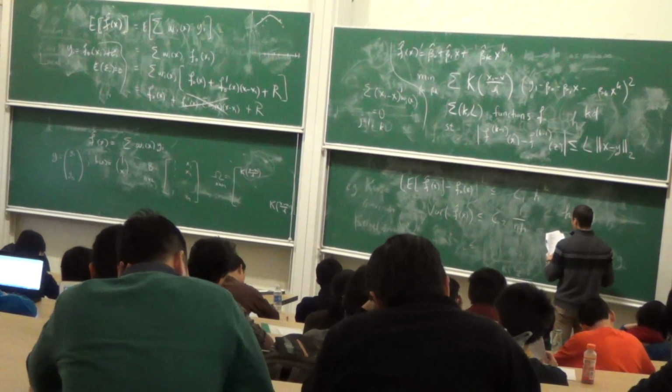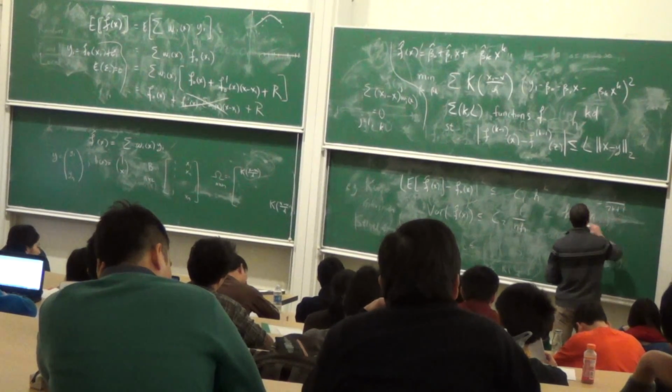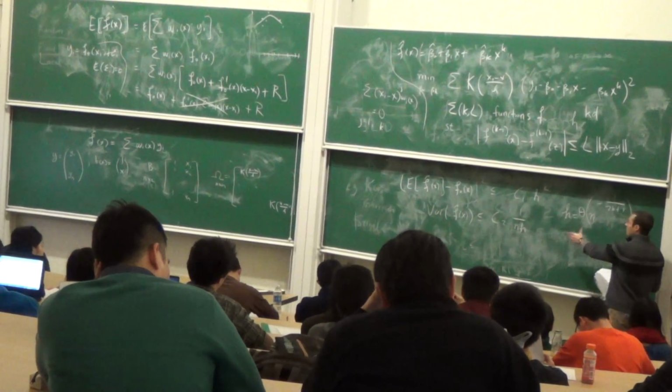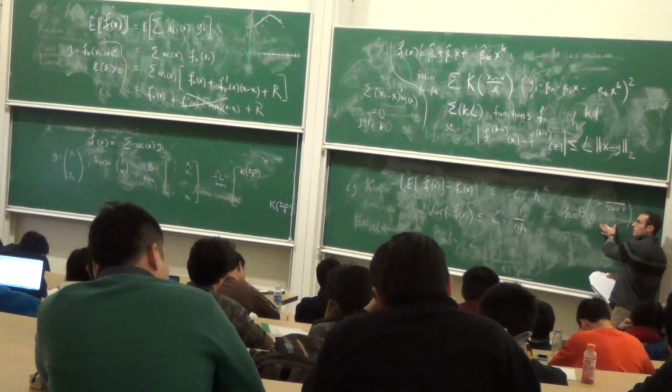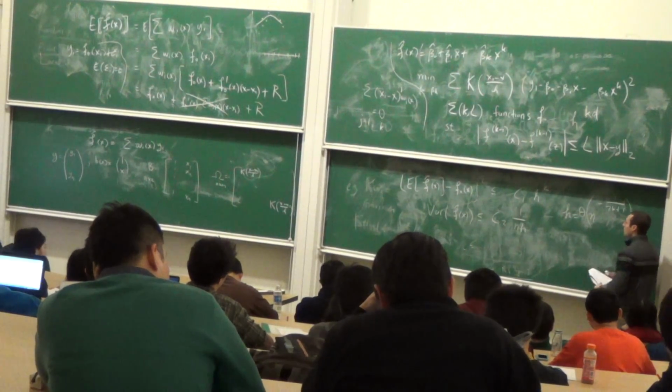It ends up looking like n to the minus 1 over 2k plus 1. I use the theta notation, by the way, to say that h is on the order of this, both upper bounded and lower bounded by this rate.